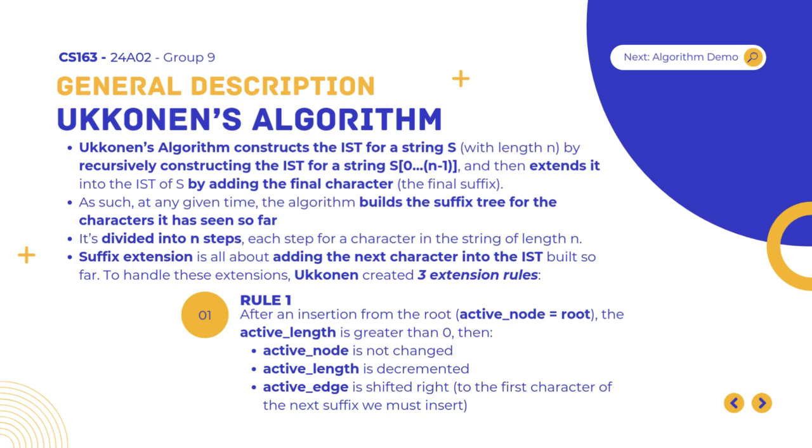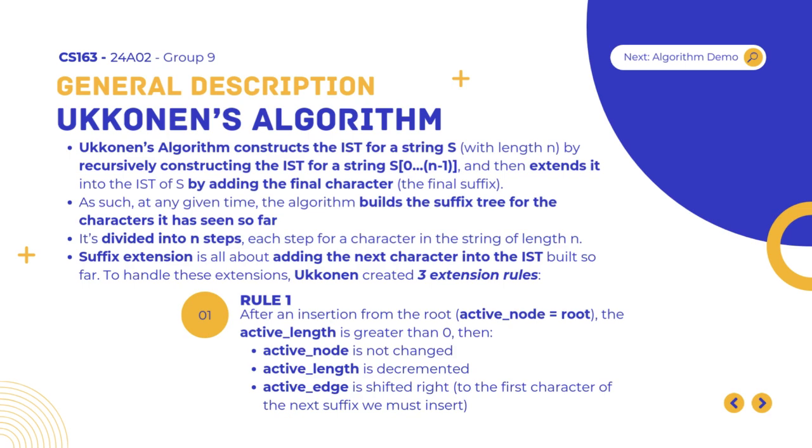Ukkonen's algorithm constructs the implicit suffix tree for a string of length n by recursively constructing the implicit suffix tree for the string before it, from 0 to n-1, and then extending it into the implicit suffix tree of S by adding the final character.